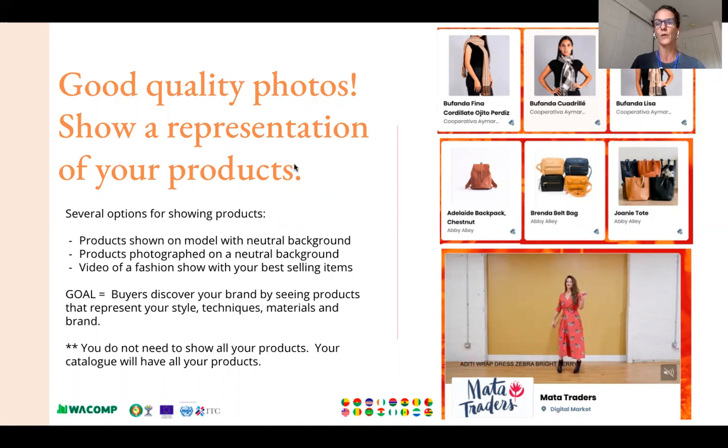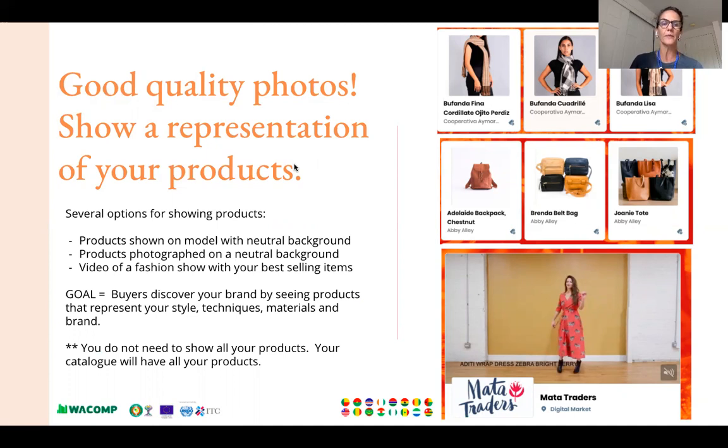Two, you could have your products photographed on a neutral background, white or just a solid color, so it's very easy to see the product. Or third, you could put together a little fashion show, right? A video recording fashion show where you're showing some of your products. For all of these, it's really important that the buyer can very easily see the product that you're offering.